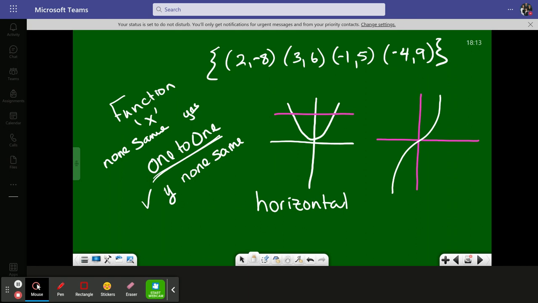This will pass my vertical line test. It's a function. Will it pass my horizontal line test? So it is not only a function, it's also one-to-one. Okay? We're in 6-2. This is part of 6-2, not 6-1.